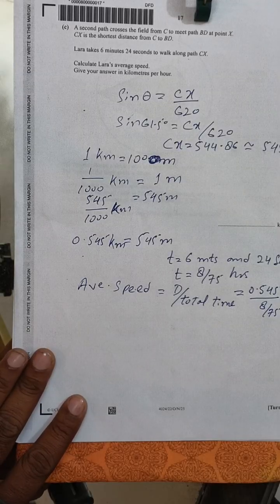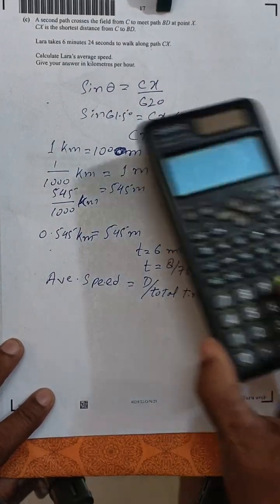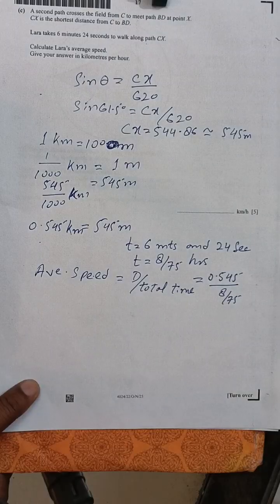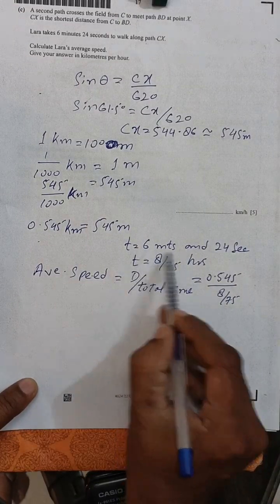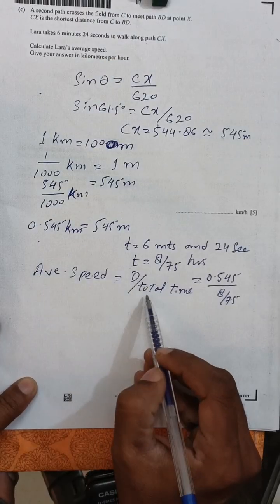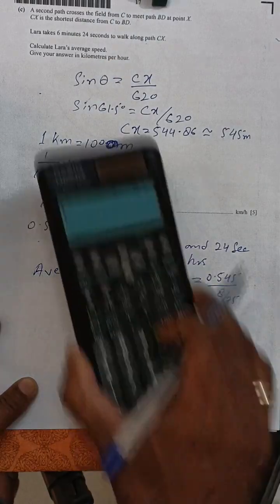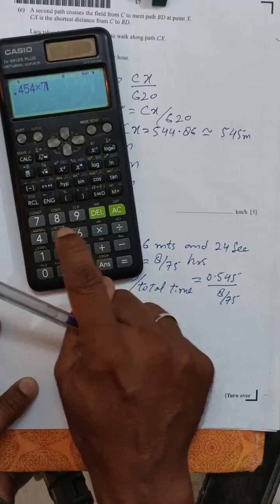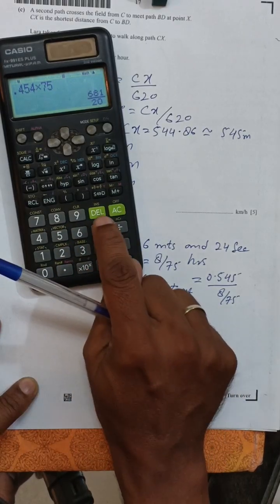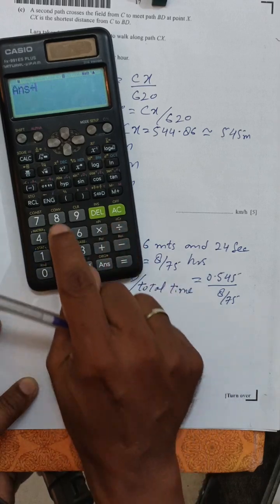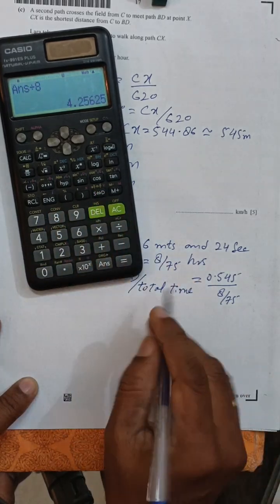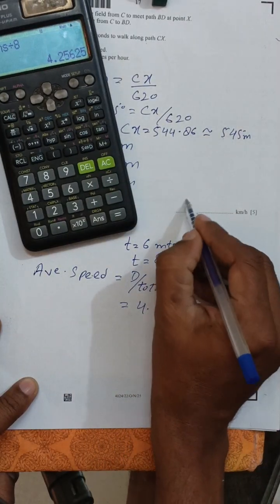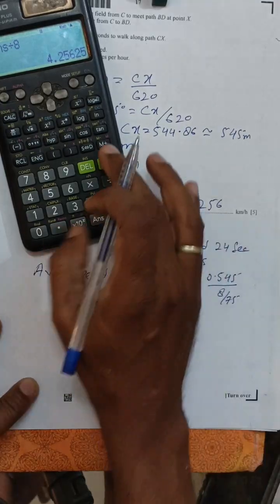So average speed is distance divided by the total time, so it is 0.545 multiplied by 75, divided by 8, which is equal to 4.256. So 4.256 kilometers per hour.